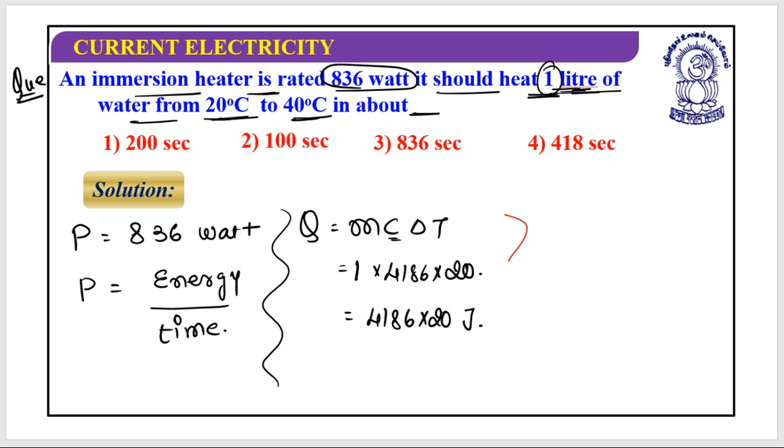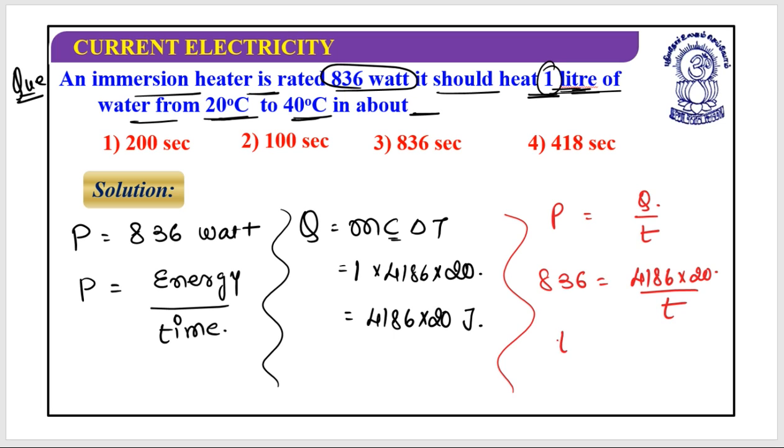Now what you need to do is, power is equal to energy by time, that is Q by time. Power is given, that is 836. Energy required has been mentioned, 4186 multiplied by 20.